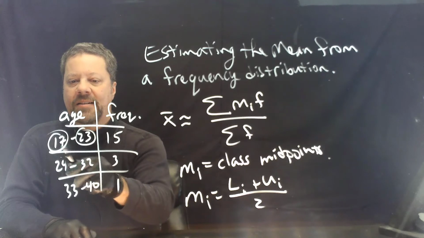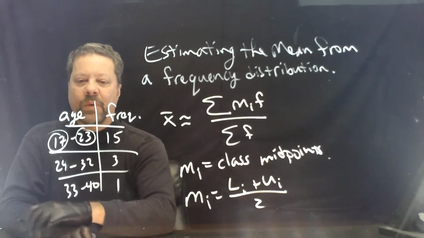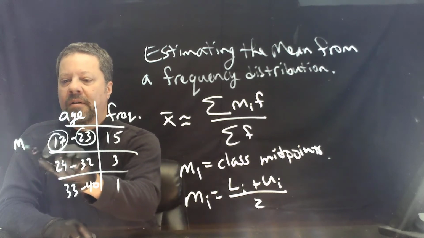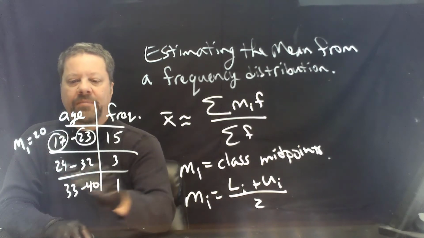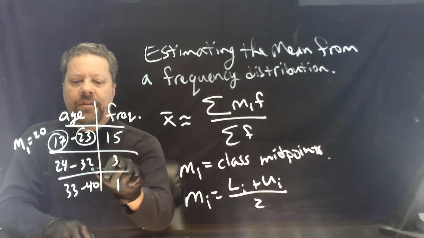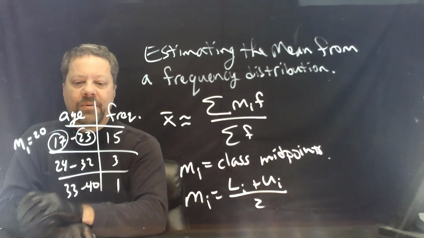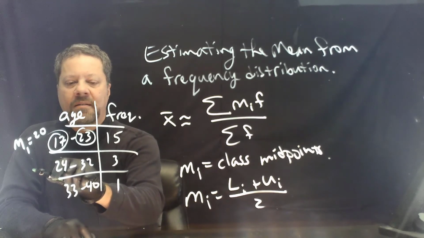So in this case, 17 plus 23 would be 40, divided by 2 would be 20. So 20 here. 24 to 32, that's 56 divided by 2. What is that? 28.